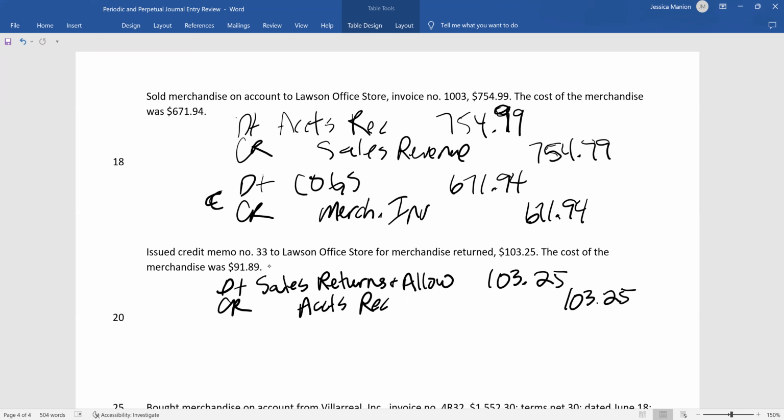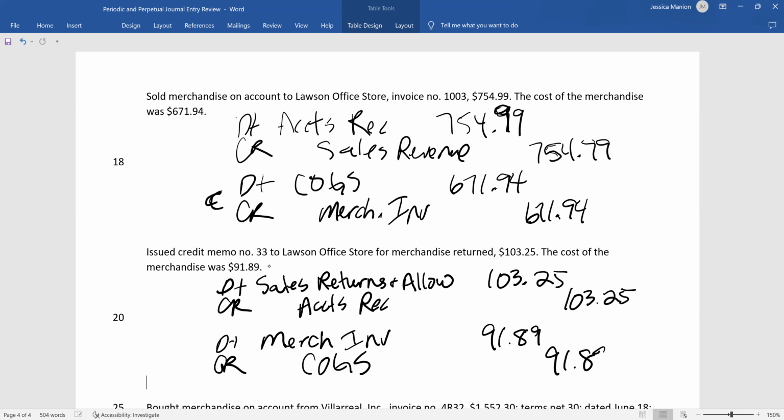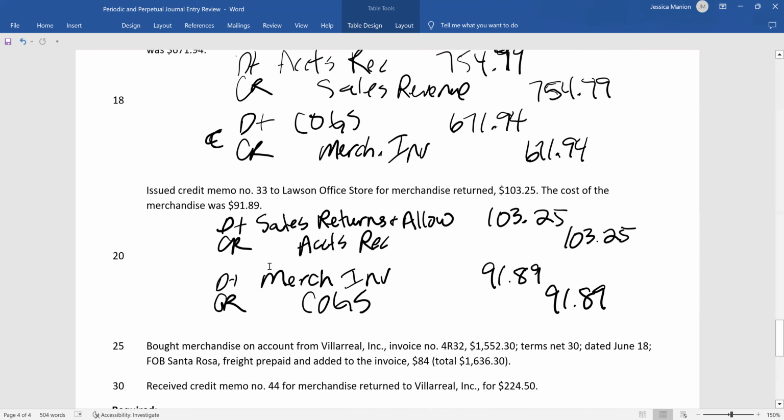So we're putting this merchandise back into our inventory. Inventory is an asset. It increases with a debit, right? So we're debiting merchandise inventory 91.89, crediting cost of goods sold because they returned it, so we in fact did not sell it, right? So it's just a reverse of that entry on the 18th.